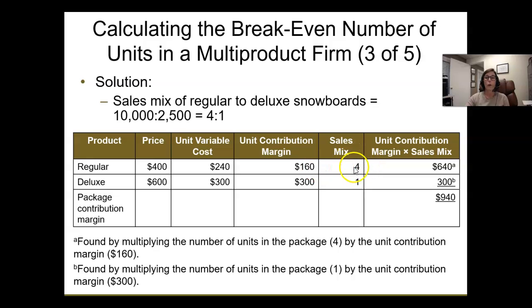And again, we're going to do 4 of the regular for every 1 of the deluxe. So we take the unit contribution margin and we multiply that by the sales mix. We do the same thing on both of those and then add those together. And so in sum, this will give us a contribution sales mix of $940.